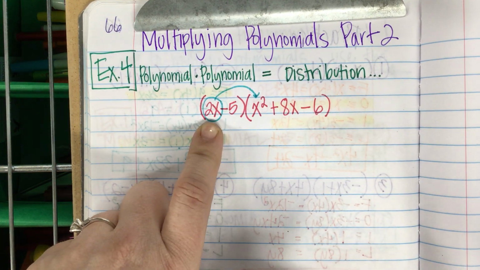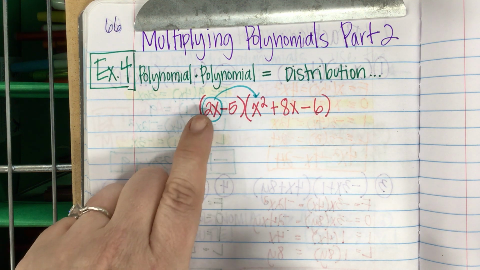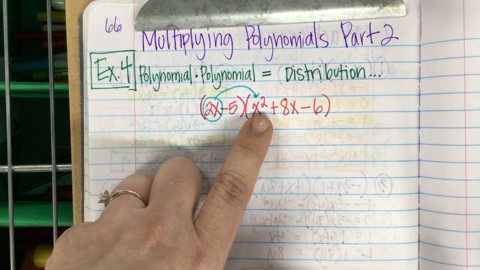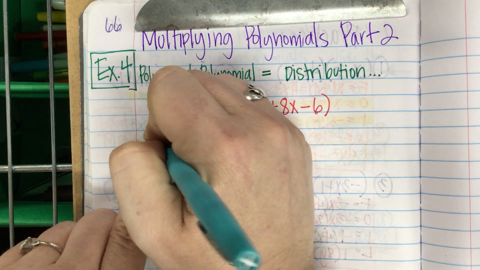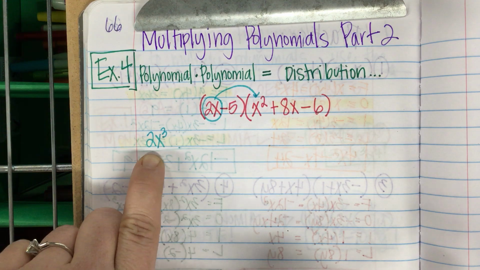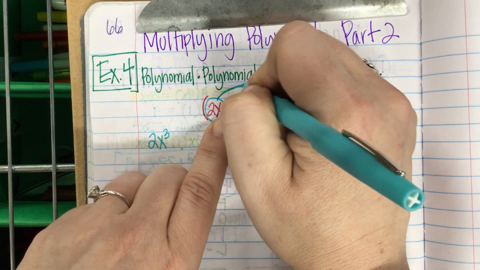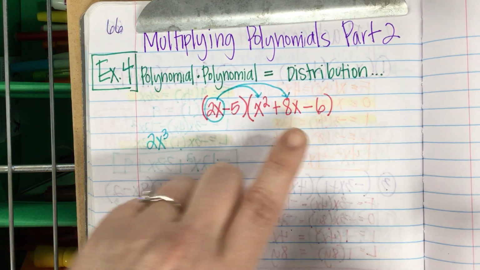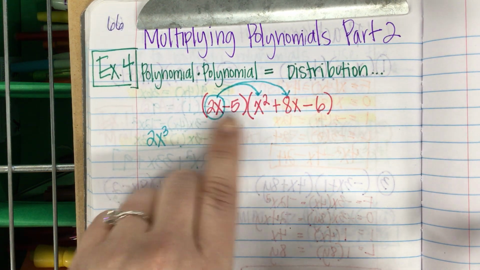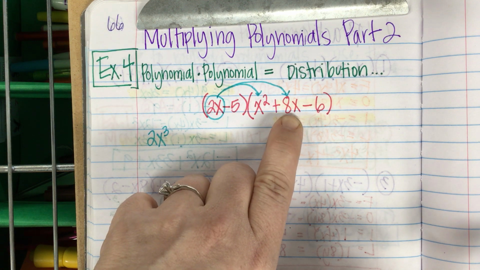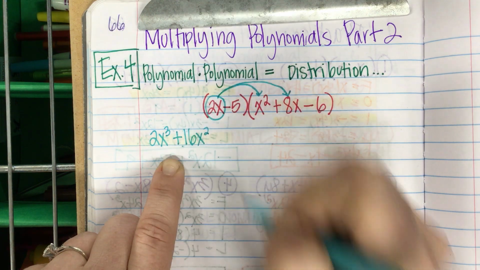If you want to take 2x times x squared, what is 2x times x squared? 2x to the third, right? And then I'm going to take that 2x and I'm going to distribute it to the 8x, positive 8x. So 2x times 8x is 16x squared.